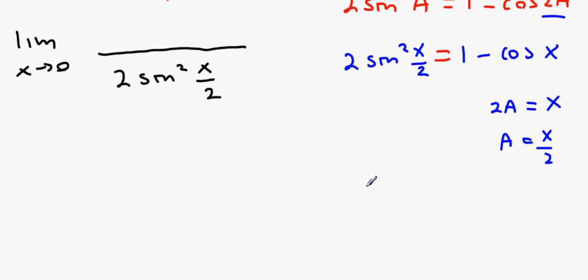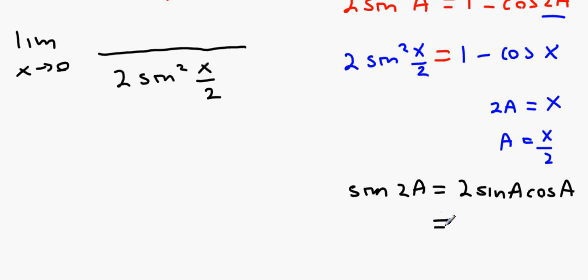Now there is a formula for sine 2x, but in your tables it's actually sine 2a. So we're going to put down sine 2a, and sine 2a from page 14 of your tables is 2 sine a cos a.